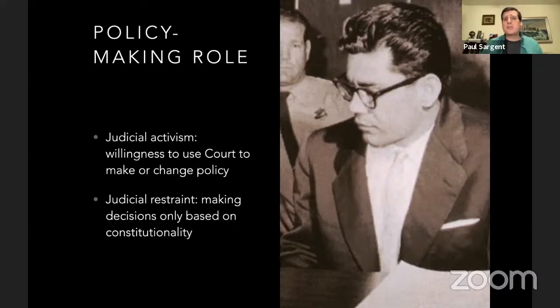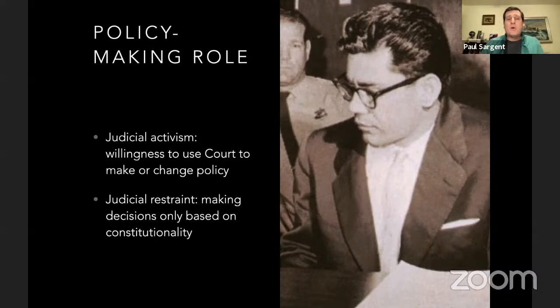But the actual ruling in the Supreme Court case was an activist ruling, which said that not only did Ernesto Miranda's case have to be sent back to a court to be retried without his confession, but that all individuals had to be informed of their right to remain silent before they were questioned by police.